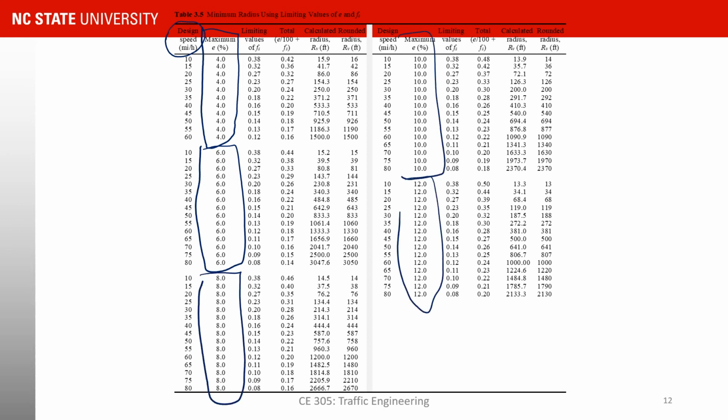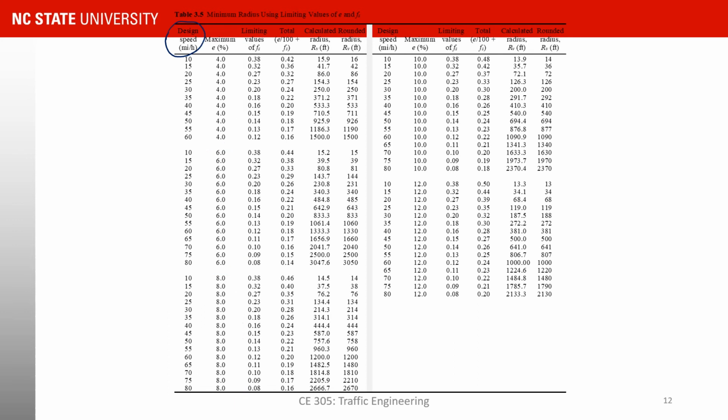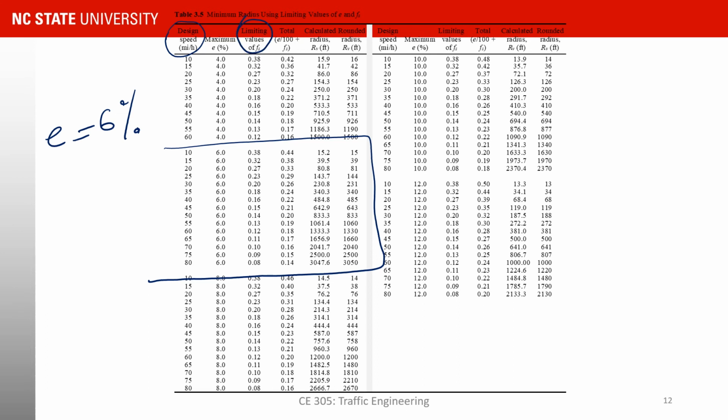And you can see that it starts from 4, goes to 6, 8, 10, and 12, okay? And so if you have a certain super elevation, let's say your super elevation is 6, then you know that you are on this side of the table. The table also gives you limiting values for f sub s.